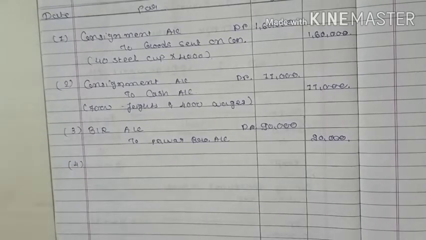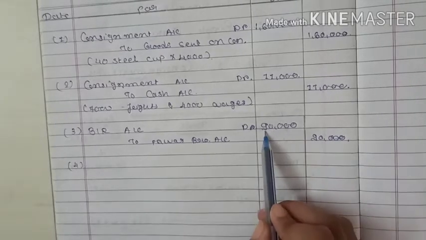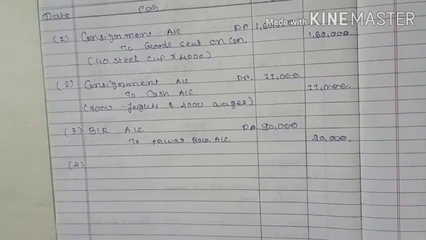Now, fourth entry. Fourth entry is that the consignor discounts the bill immediately. Done? So, the consignor discounts the bill immediately at 12%. So, if I am Anup Furniture Mart and I am the consignor, I am going to discount the bills with the bank of rupees 90,000 at 12%.